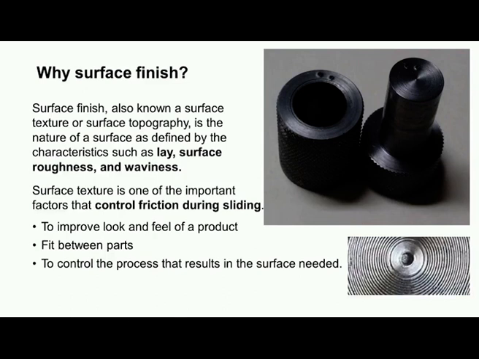In some cases where there are sliding parts, for example machine tool guideways or bearing surfaces, we need to have very fine and smooth surface so that the frictional forces are reduced, and in some cases we need to have somewhat rough surface.